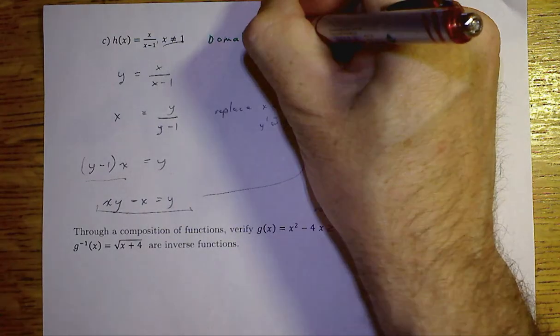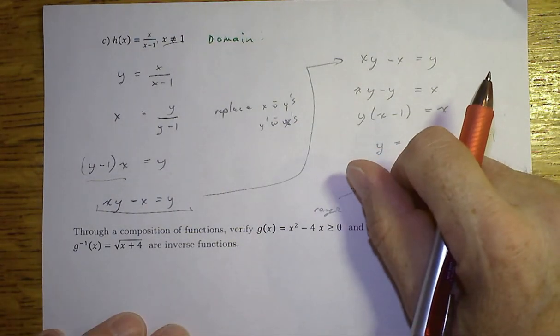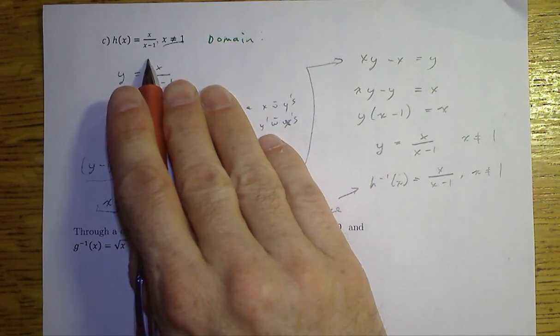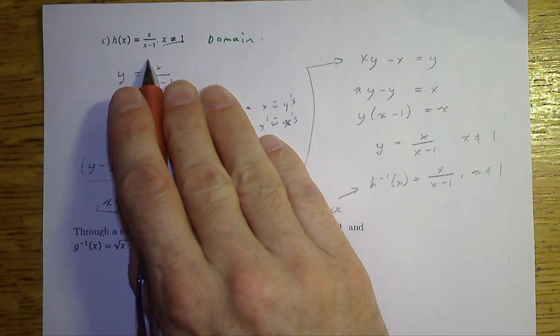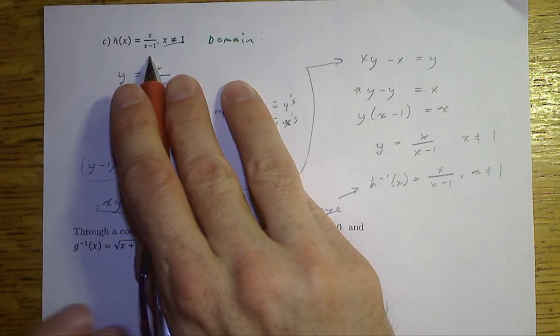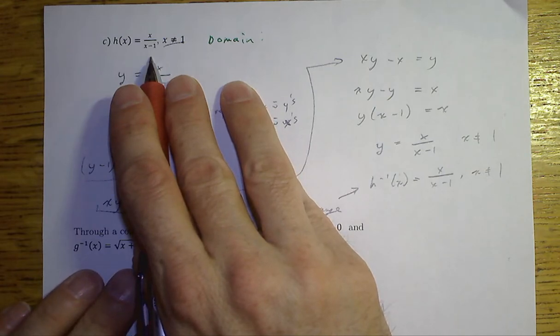Going back to the first lesson of functions, the domain here, x is an element of the reals, except x cannot be equal to 1. In other words, we only have one value that does not work in this function, and that's where x is equal to 1.